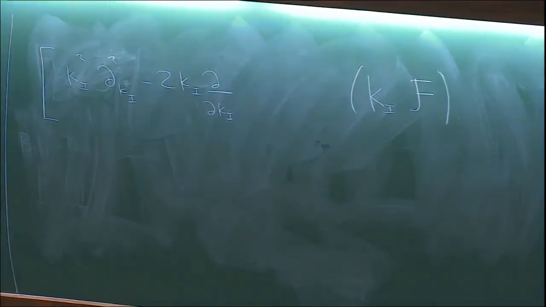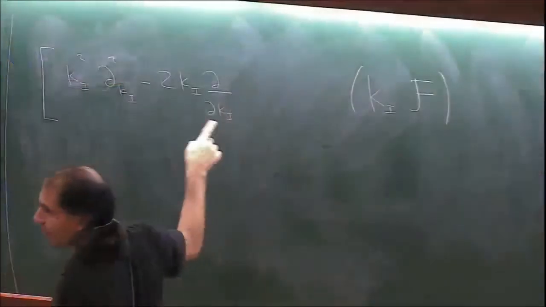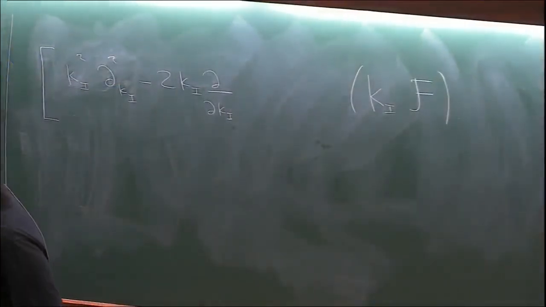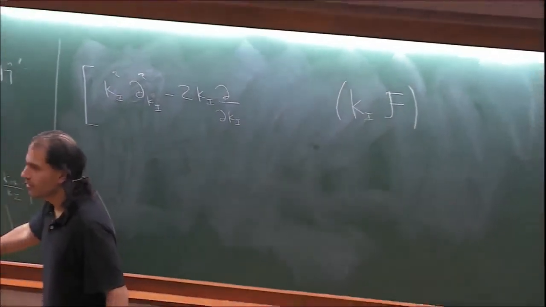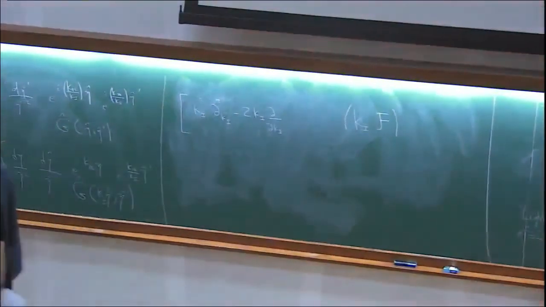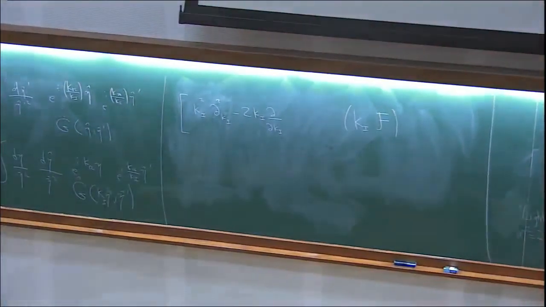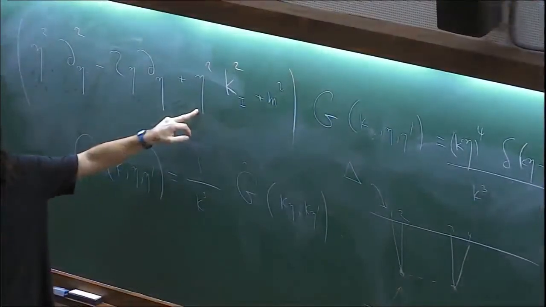Okay? Now, what is that going to do? Precisely because these only depend on the combination K intermediate eta, this is going to act on the inside exactly as eta squared d squared d eta squared minus 2 eta d d eta. So we've got that part of the differential operator. What about this one? I need to pull down an eta squared. How do I get an eta squared? Eta squared is just negative d squared by dK12 squared.